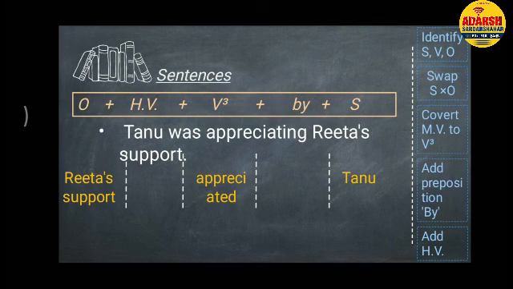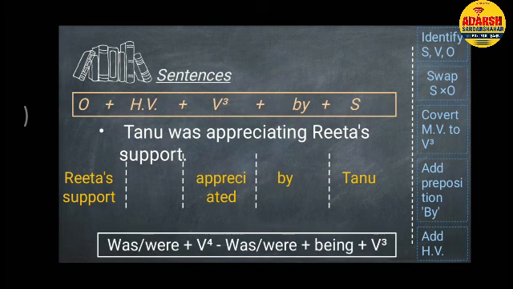So now 3 steps we have done. Now let's go towards the fourth step, which is add preposition by. We're going to put by before our subject, and here we have done this. Now finally the fifth step, which is the main step, add the correct helping verb. So now we know that the helping verb of past continuous in passive is was plus being plus verb's third form, while in active it is was plus verb's fourth form, as in the active sentence Tanu was appreciating Rita's support.